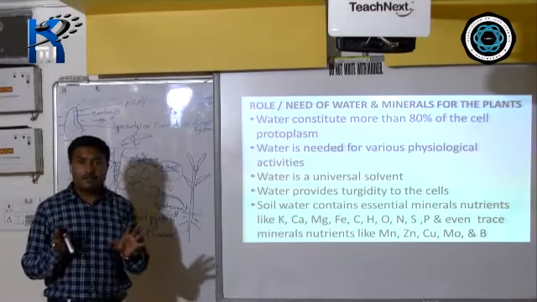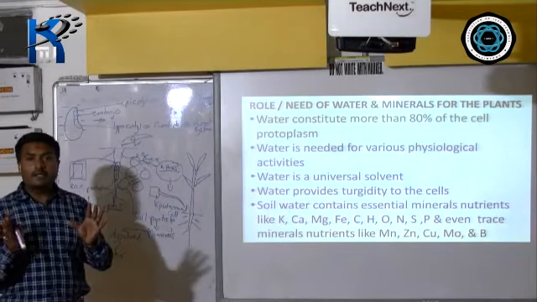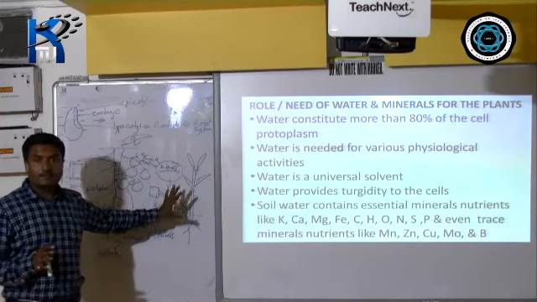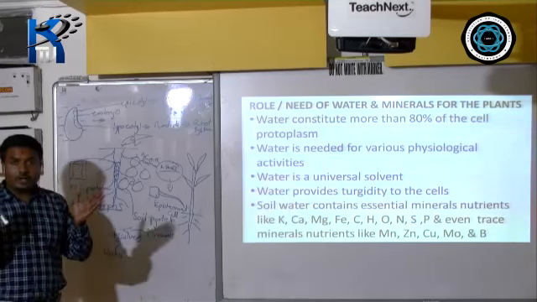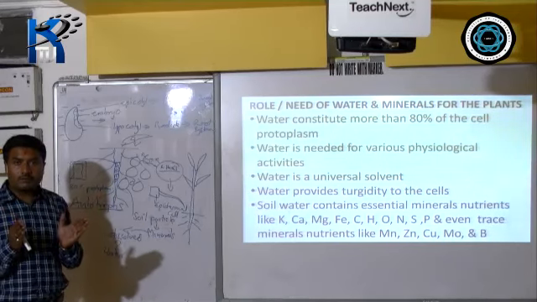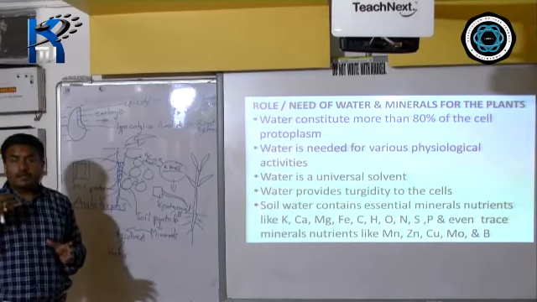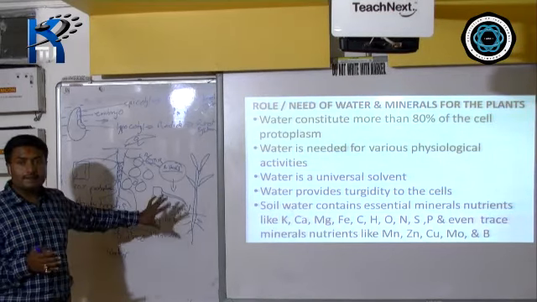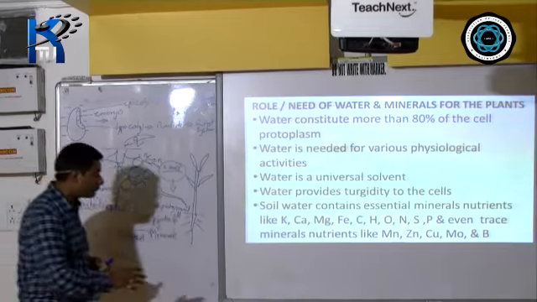These are the mineral nutrients that the plant requires in lesser quantity, and if the soil contains these minerals, you are going to get a very good harvest. The food quality, the fruit quality, everything becomes good enough when the soil contains enough nutrients.